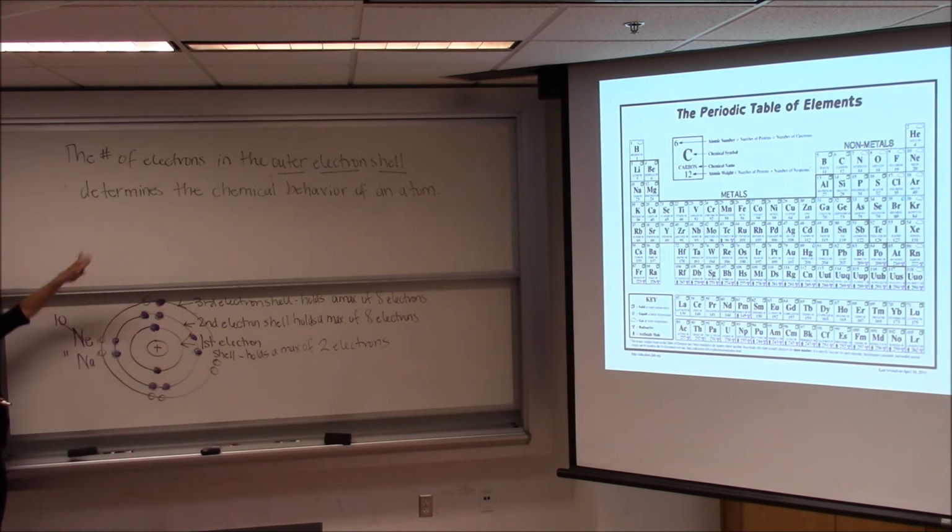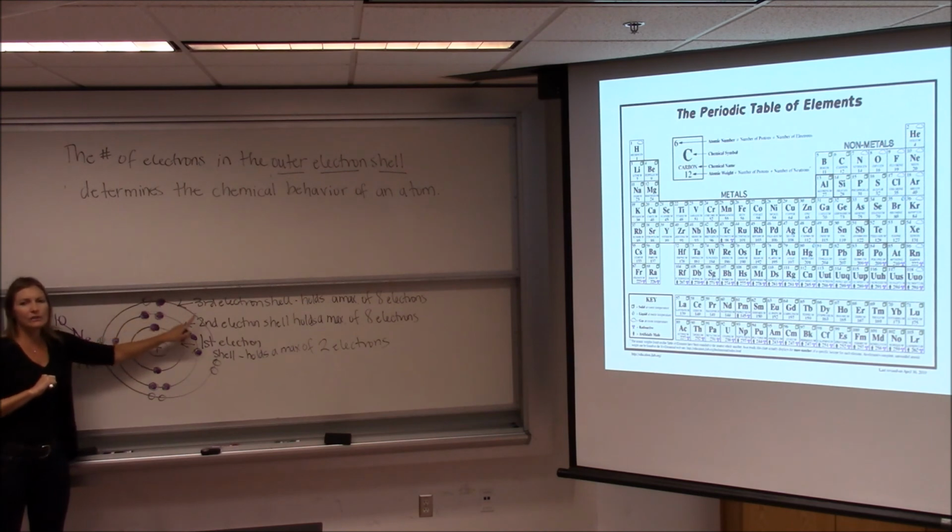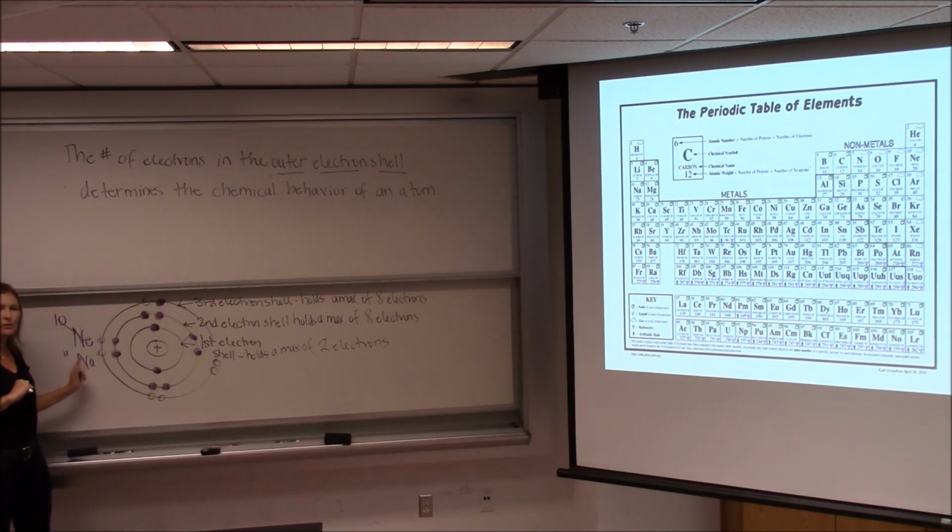Okay, so let's go back to our statement here. The number of electrons in the outer electron shell determines the chemical behavior of an atom. The outer electron shell is going to be the last shell that actually has an electron or more in it. So if you have one or more electrons in that shell, that is your outer electron shell.